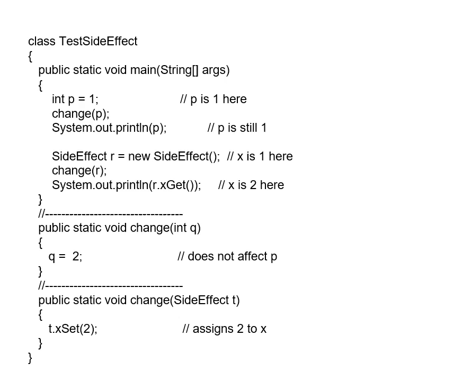So they have the same number, right? There's only one, so they both have the same order, but their types are different. For the first change method, you have type int, and for the second one, you have type SideEffect. So T is the parameter there, a pointer to an object whose type is SideEffect.